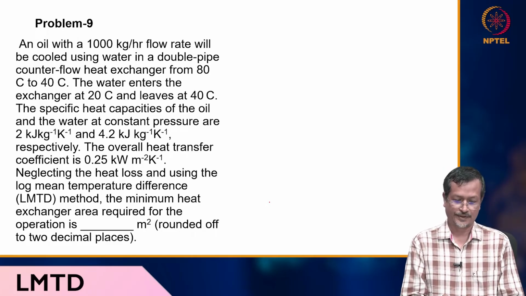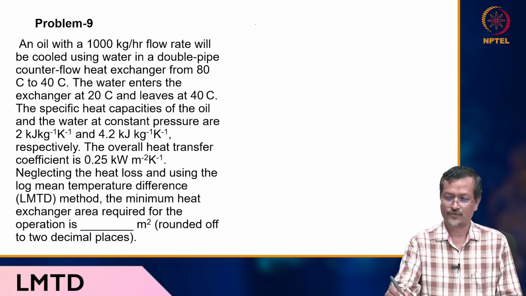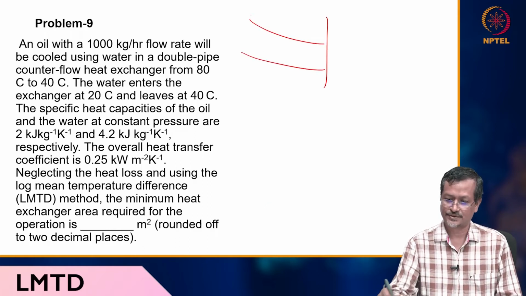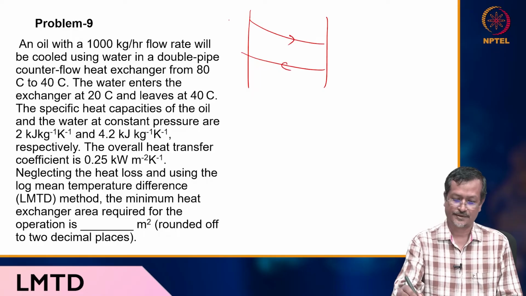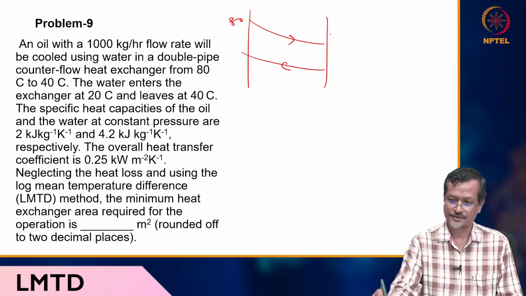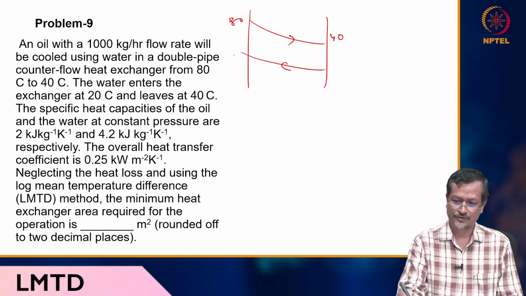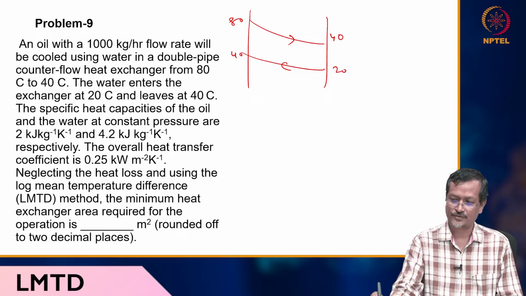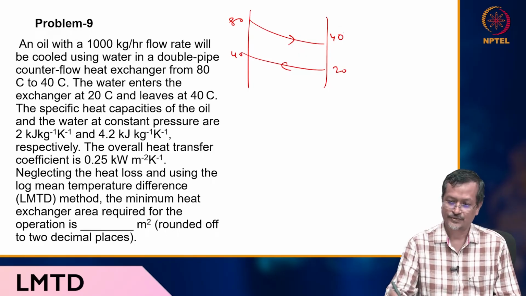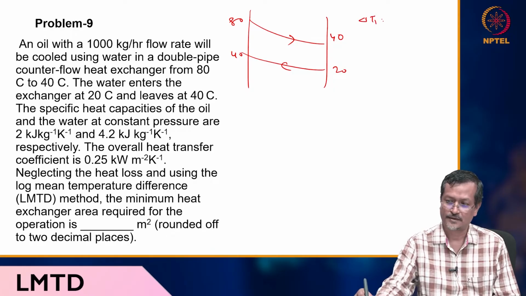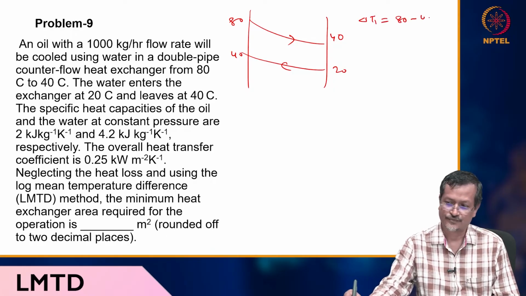So okay, this one LMTD for counterflow. So for counterflow, first you draw this curve. So this is given 80, this is given 40, hot fluid temperature; cold fluid temperature 20 to 40 increasing. So del T1 equals 80 minus 40 equals 40.